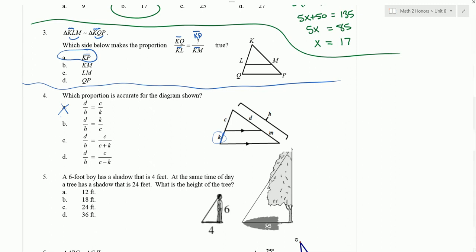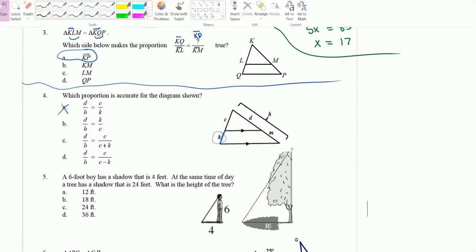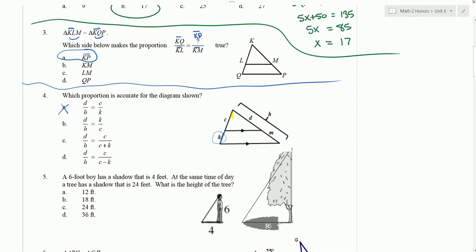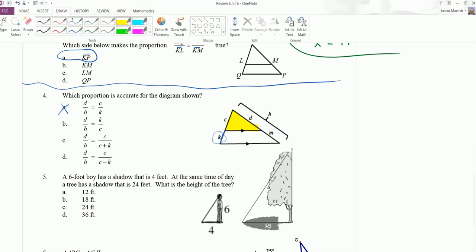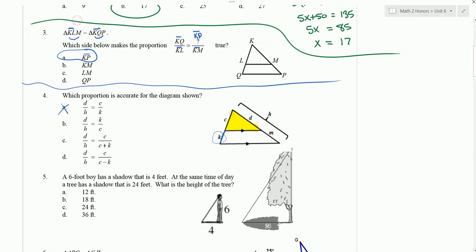Okay, let's look at part B. D over H, so that's small triangle to big triangle. If you don't see the small triangle and big triangle, the small triangle is the triangle that I'm highlighting in yellow. The big triangle is the triangle here that I'm going to outline in blue.